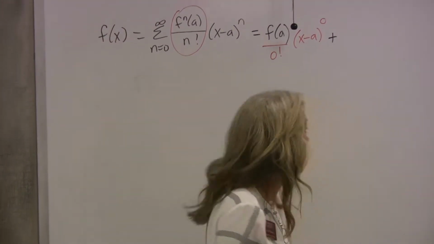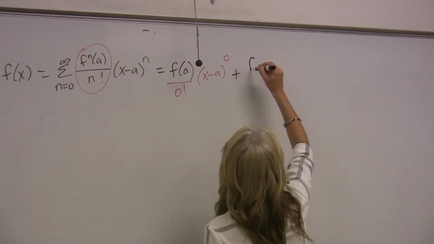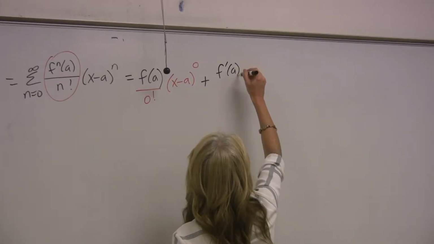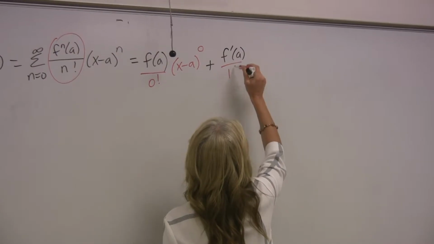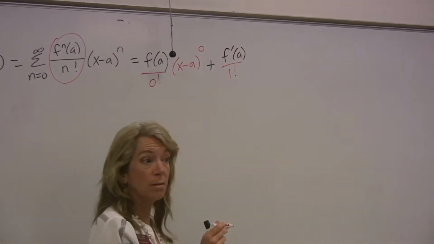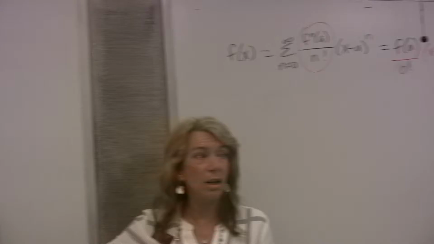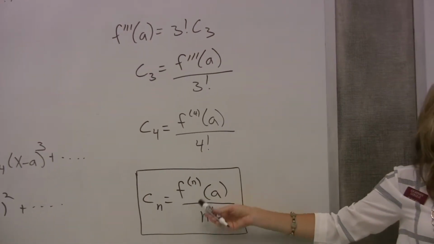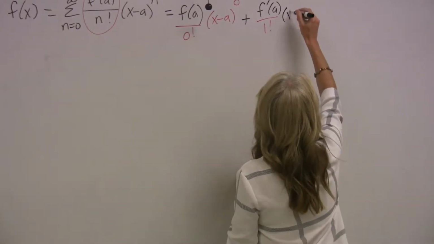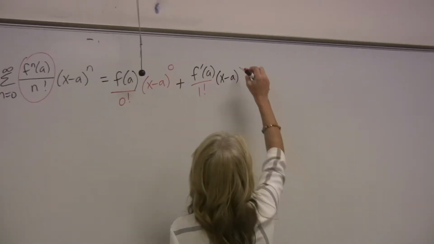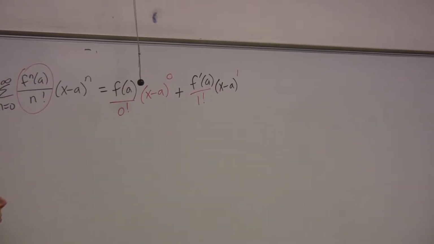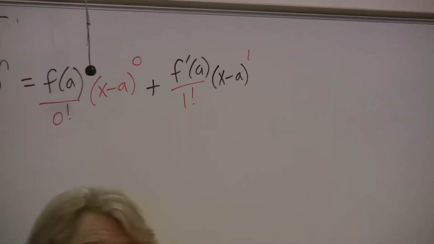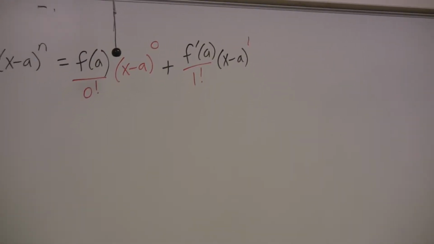Then the next term is the first derivative evaluated at a. Again, I didn't write the next part, over 1 factorial. That's what this tells us. Just start with the 0th derivative, then the first derivative, then the second, and so forth. Times x minus a to the 1. The 1 is not written there either in your notes. You see why that red part got left off?